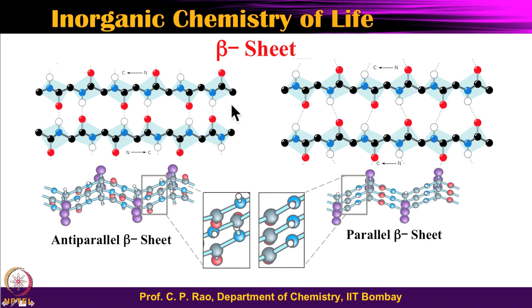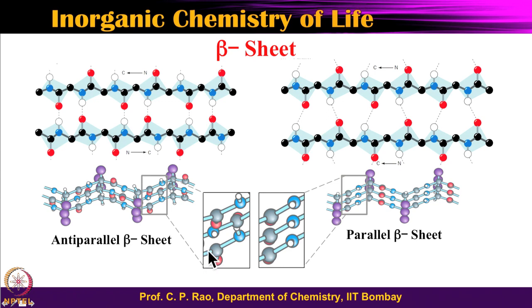Because of this parallel and anti-parallel arrangement, obviously the corresponding sheets have different properties. As you can see, this looks quite different from this one. This one comes from the parallel arrangement, and this comes from the anti-parallel one.